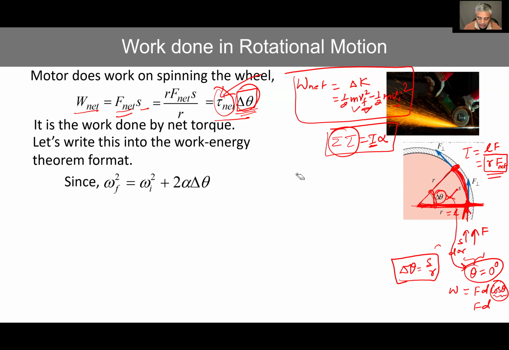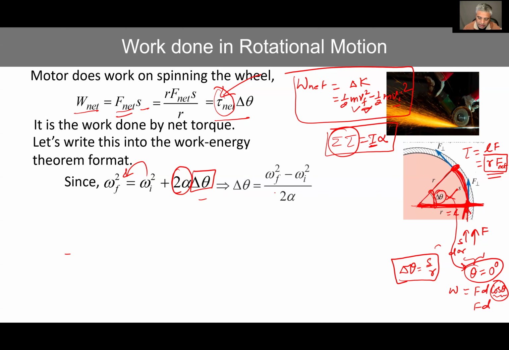Okay. So now I want to just extract delta theta and plug that in there, replacing it with the expression over there. So what I'm going to do is rearrange this, move this to the side of omega final squared, and then that becomes negative, and then divide that whole thing by 2 times alpha. That's going to give me delta theta.